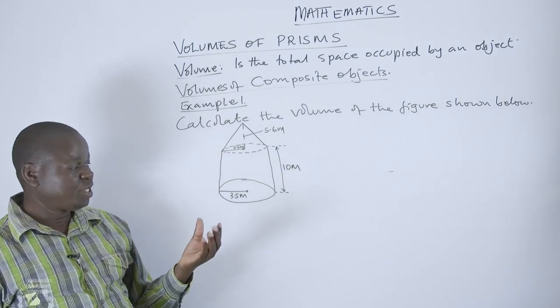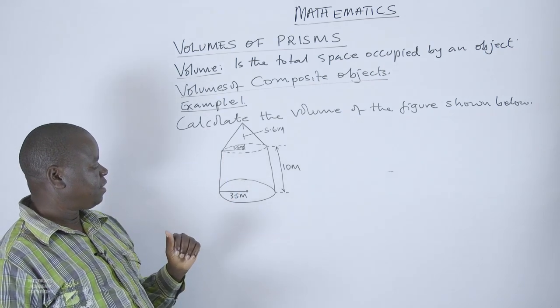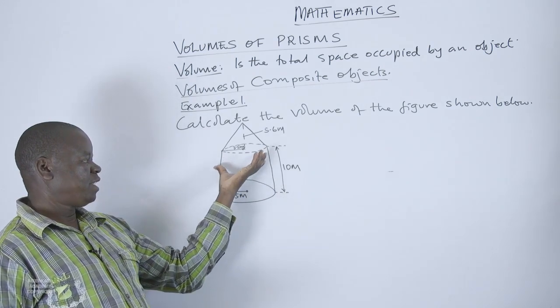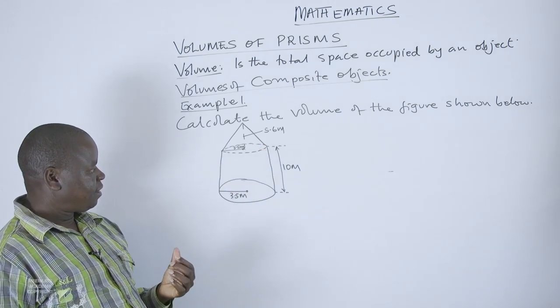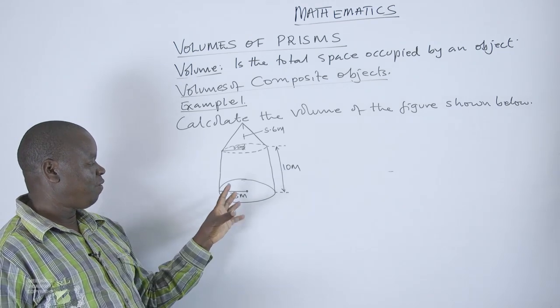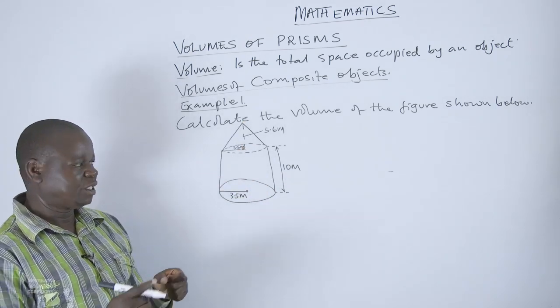So you can see the dimensions of the object are indicated, but because this is a cylindrical part, we first of all find the volume of this cylinder, and this is a conical part, we find the volume of the cone, and then we add the two, and that will be the volume of the composite object. So let's start.